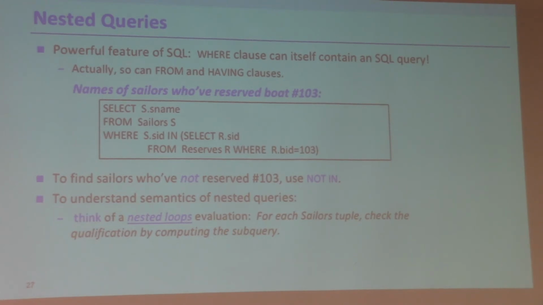Then you just change it to sailors who have not reserved boat 103, and the most efficient way is just to use NOT IN. You can do it in this fashion, or the older way, but that is a little more complex, since you have to find all the sailors that are not equal to 103 and then join.